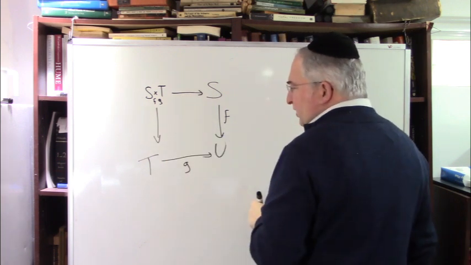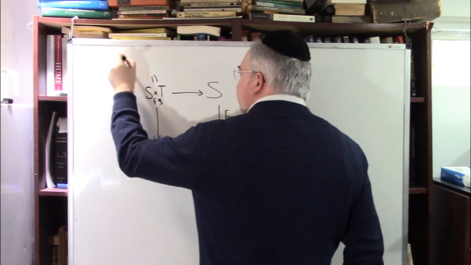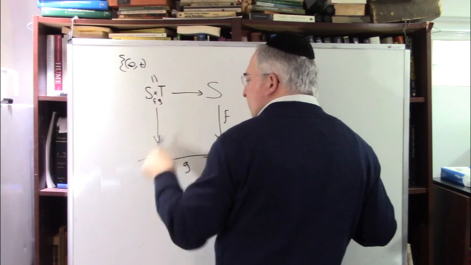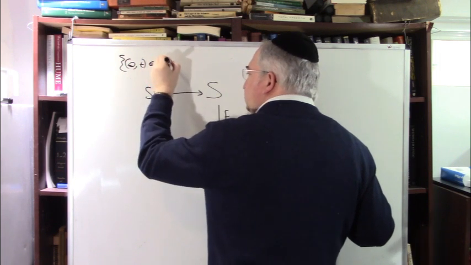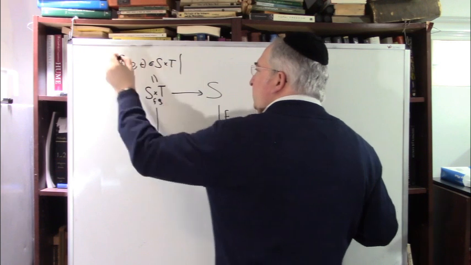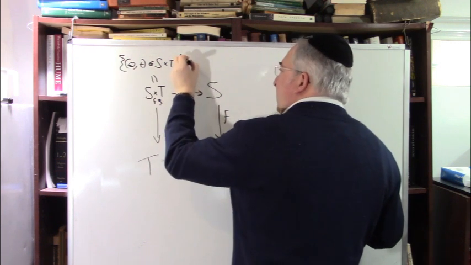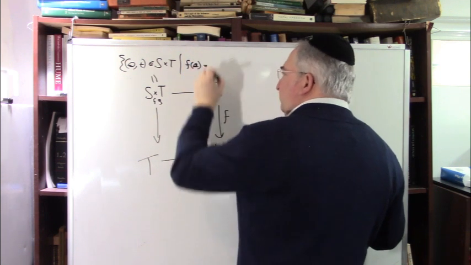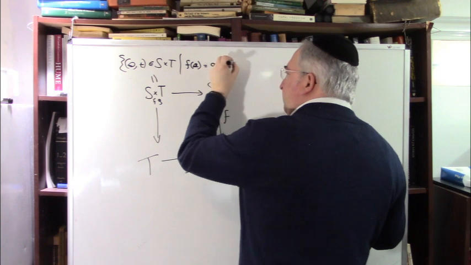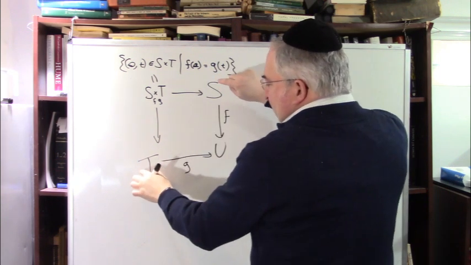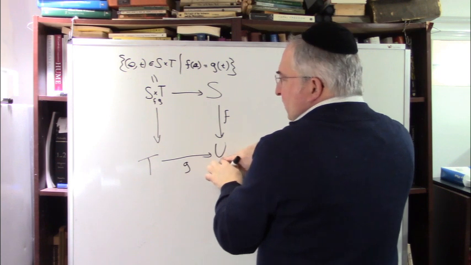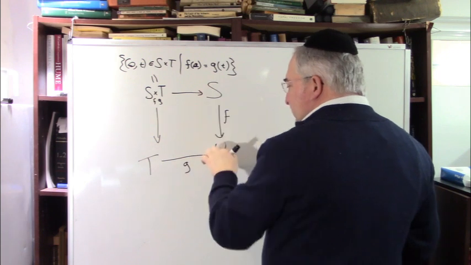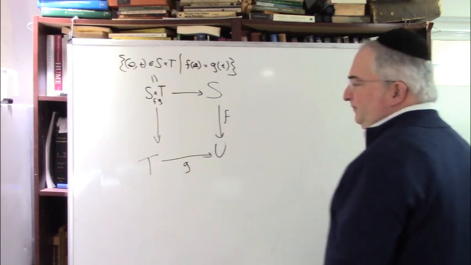It is equal to those pairs little s, comma, little t, members of S cross T, such that F of s is equal to G of t. In other words, it's pairs of elements from here to here that land in the same place. Lots of different things can go on to different places, but if they both land in the same place, then they're part of this subset.